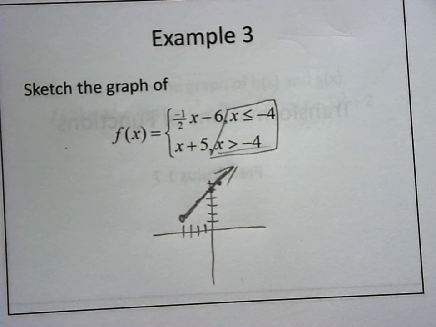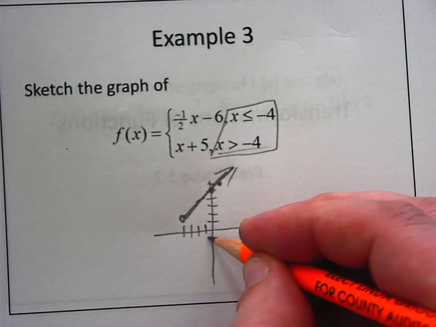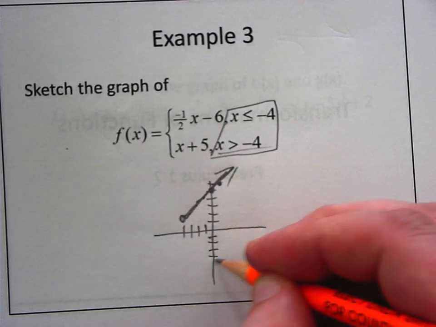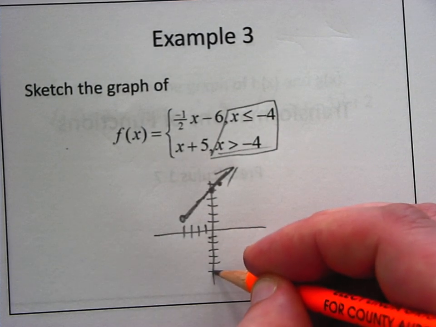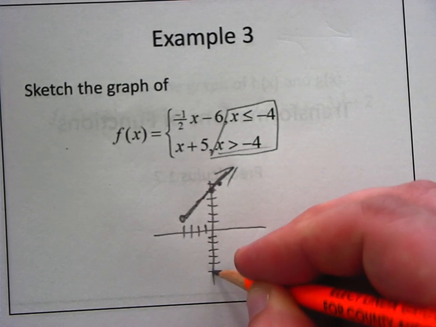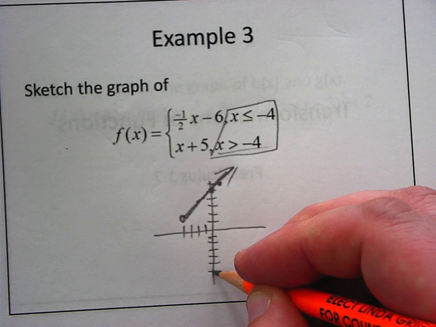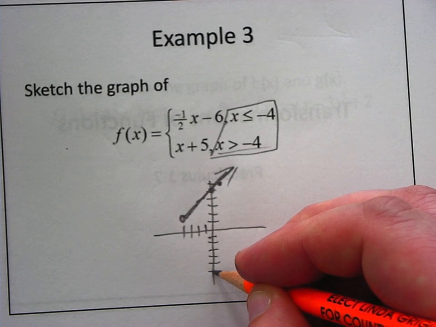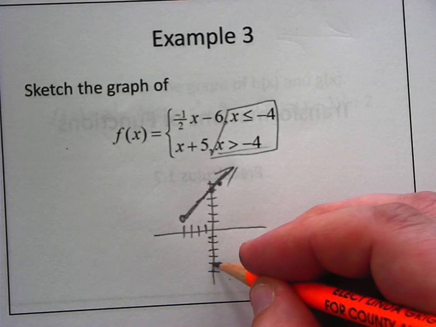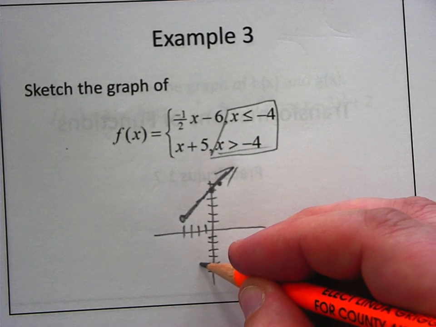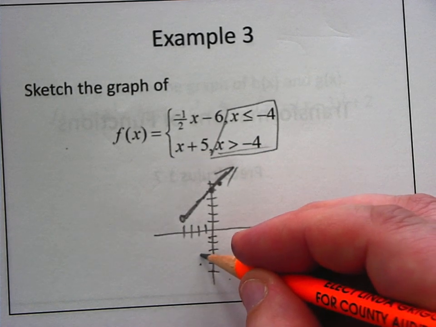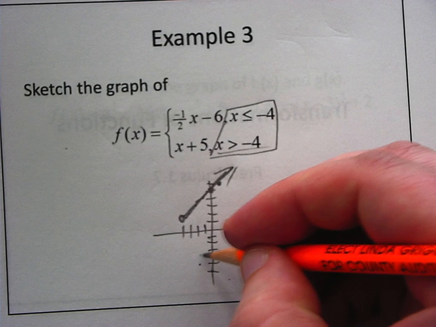Okay? Now, for the other one, what would the y-intercept be if it hit? Negative 6. So it would start here, but because it doesn't reach that, what's the slope? Negative 1/2. So I'm going to go down 1, right 2, or up 1, left 2. Then I'm going to go up 1, left 2 again.